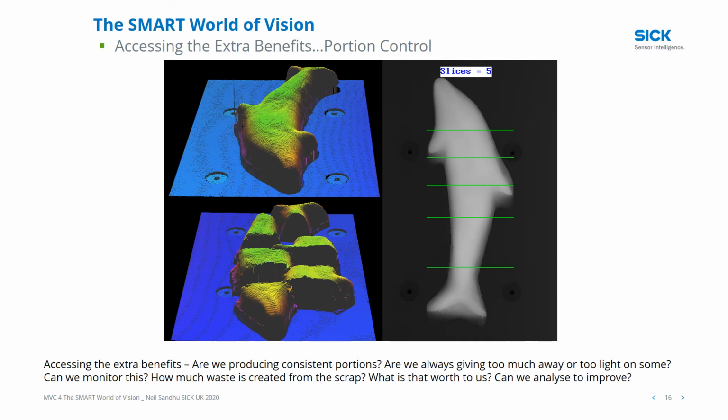Is there usually a tendency, perhaps a bit on tolerancing, to give too much away, or even, on the other side of the coin, to not have enough in the actual portion that we need to be creating? And if this data is monitored, we could also include if there's any scrap waste from the process, which again could be recycled or could actually be optimized to make sure that the scrap and the waste is minimized.